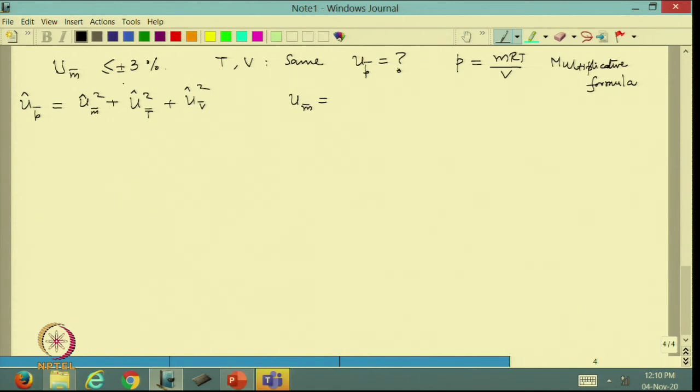So, this is 0.3%. So, u hat m bar, this is 0.015 divided by 2, the coverage factor. And so, this number comes here.